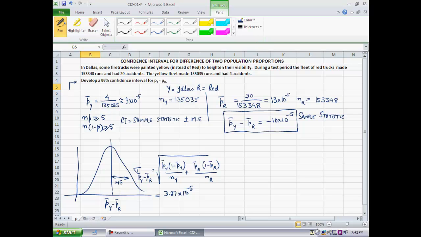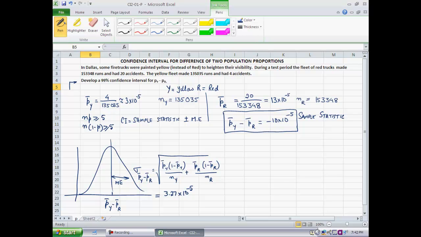PY is the probability of an accident for a yellow fire truck, or the proportion of runs of yellow trucks that end up in accidents. PR is the proportion of runs for red fire trucks that end up in accidents. So I want to compute a 99% confidence interval for PY minus PR.